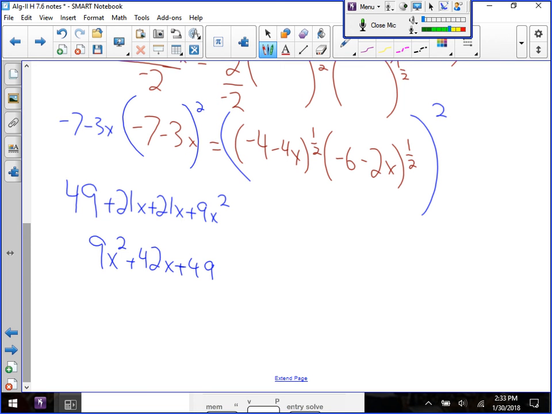My exponents here, they wind up canceling each other out with the 2. And I'm going to FOIL that junk as well. I get negative times negative is a positive 24, a positive 8x, a positive 8, and then I have a positive 24x, and a positive 8x squared.